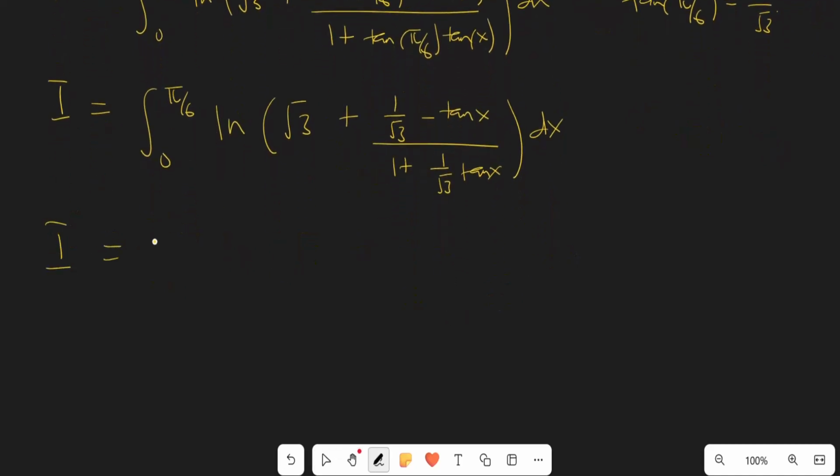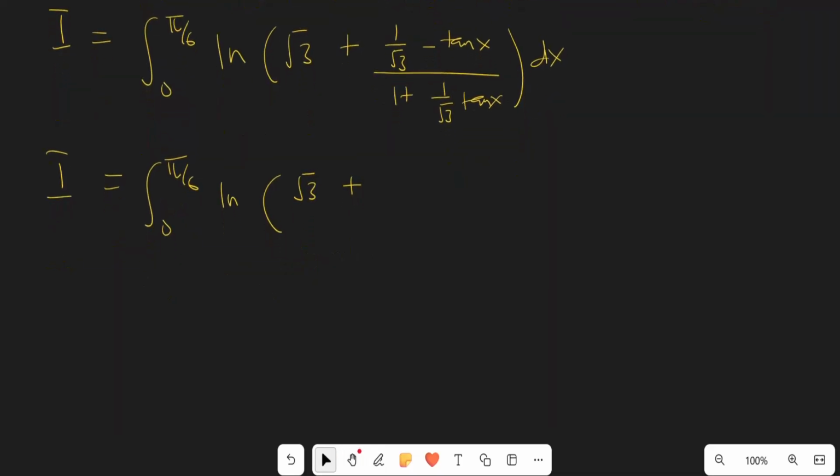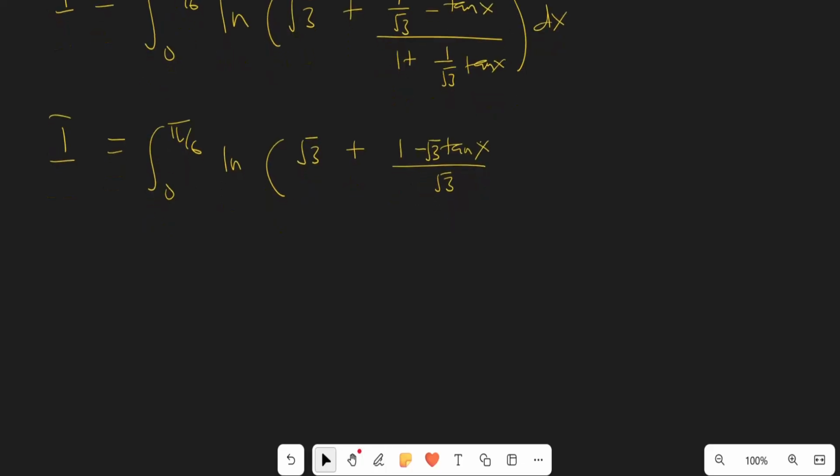So in the end, you have I equal to the integral from 0 to pi over 6 of the natural logarithm of square root of 3 plus, this one can be written as 1 minus tan of x all over square root of 3, all over square root of 3 plus tan of x all over square root of 3, all this dx.